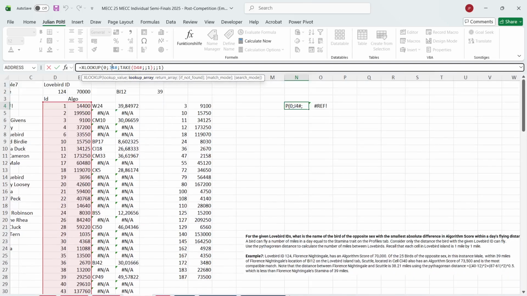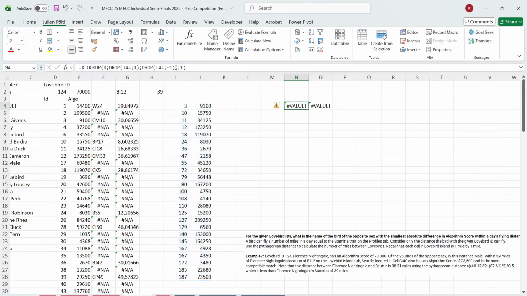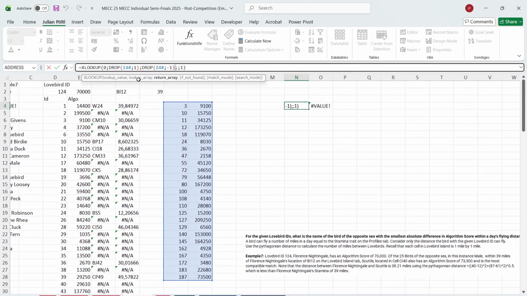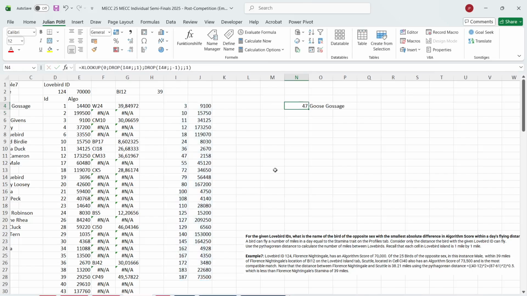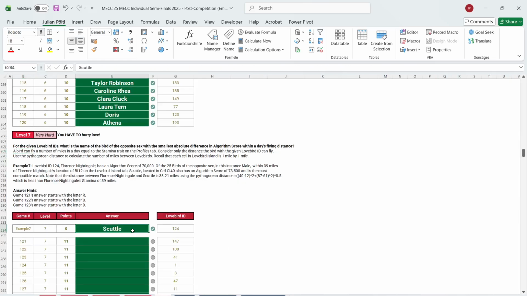XLOOKUP 0 in drop -1. 0 in not row but column. Goose Gossage. Is it right? Yeah. No. The answer should be Scuttle. Huh.